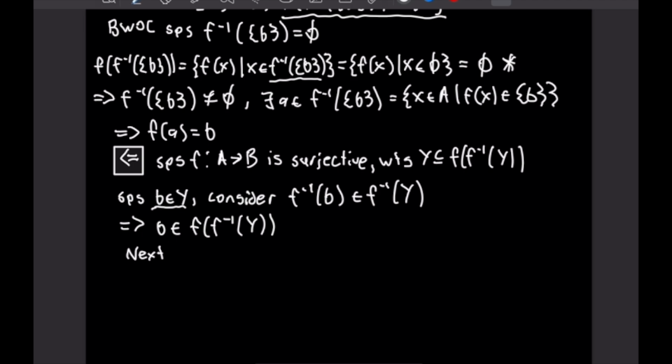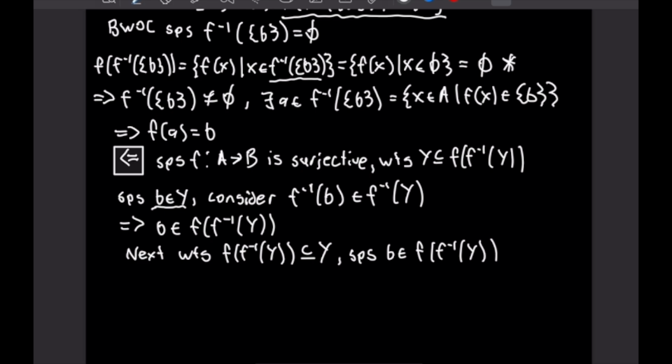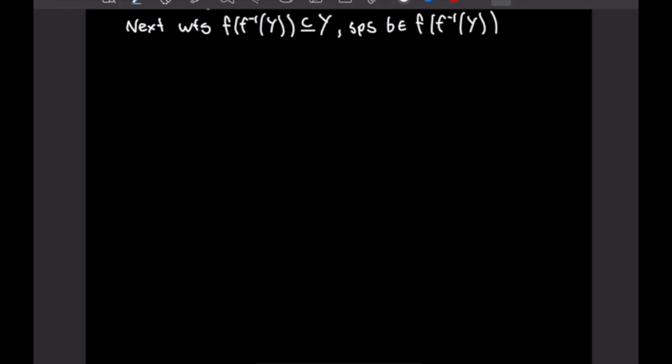So next, we want to show that the image of the pre-image of Y is a subset of Y. And we're going to have to do this using our definition of surjectivity, as we did not use it for our first inclusion. So just like before, we are going to take an arbitrary element, which we will call b, from the image of our pre-image of Y. And we want to show that that must be an element of Y. And right away, we are going to use surjectivity.